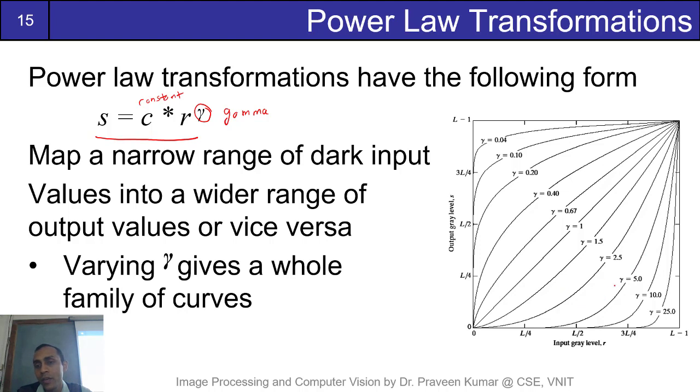What these curves are basically doing is compressing the dark range and emphasizing the higher range, and vice versa. This one will be emphasizing the lower range values and compressing the higher range values.